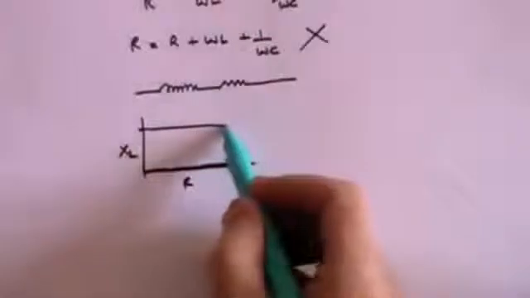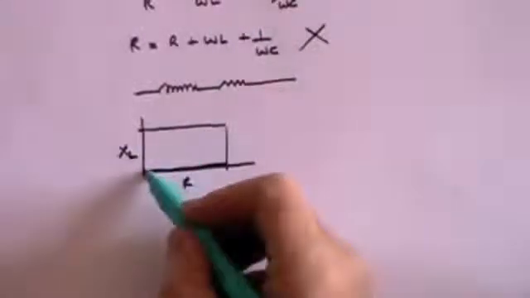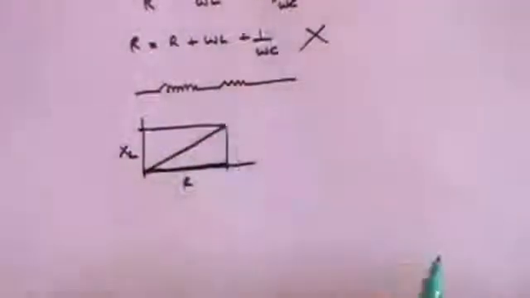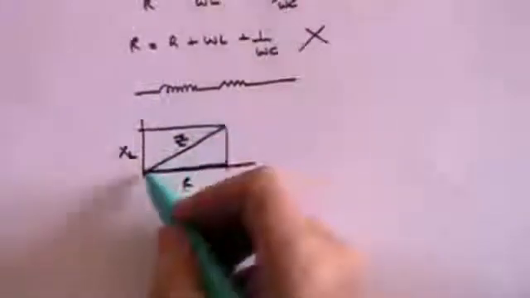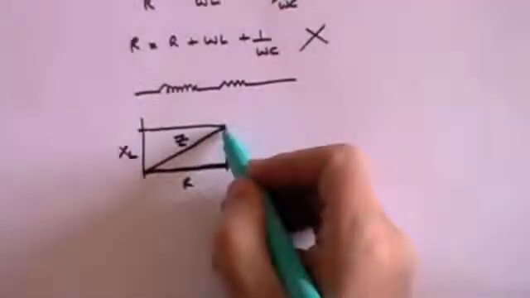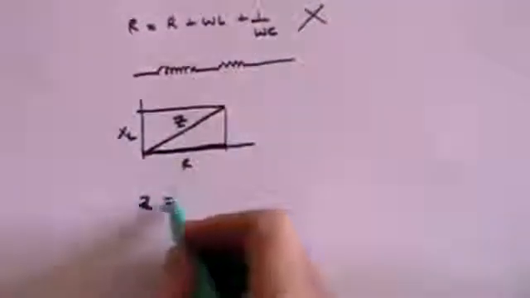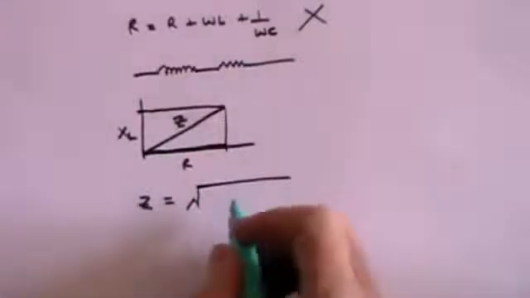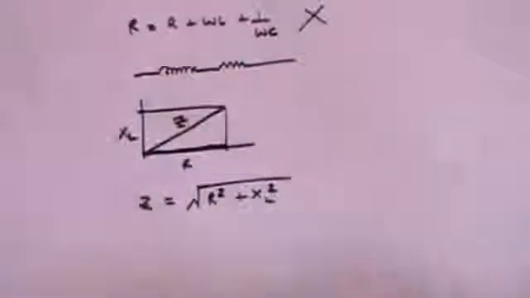And the way you calculate the net, what's called impedance, of these two devices is to apply the rules of Pythagoras. Pythagoras says that the length of this diagonal line is the impedance effect of the two devices. I think you'll see relatively straightforwardly that Z is equal to the square root of R squared plus XL squared. It's just plain Pythagoras.